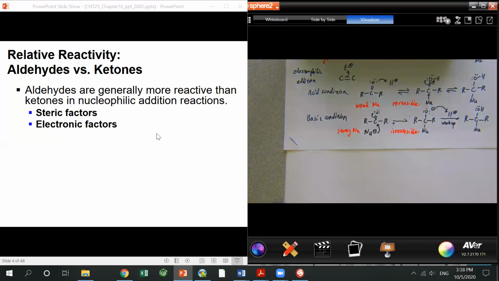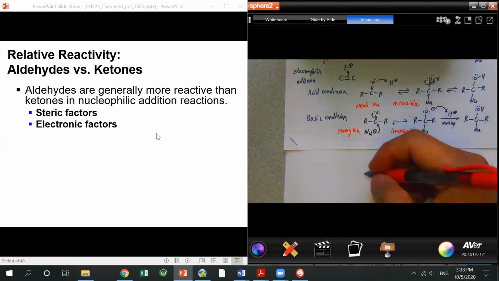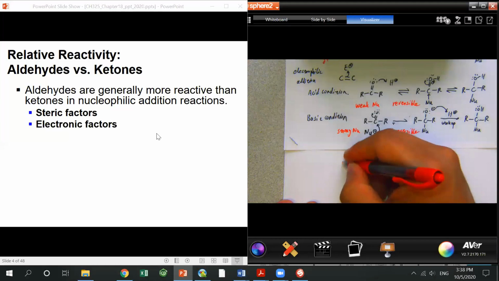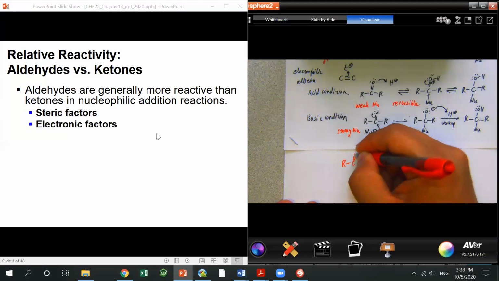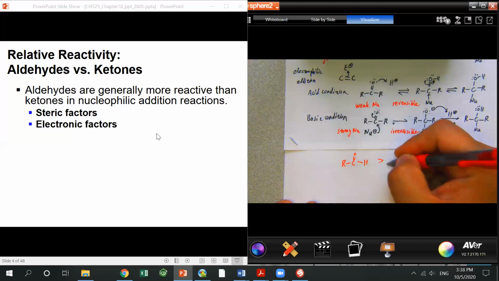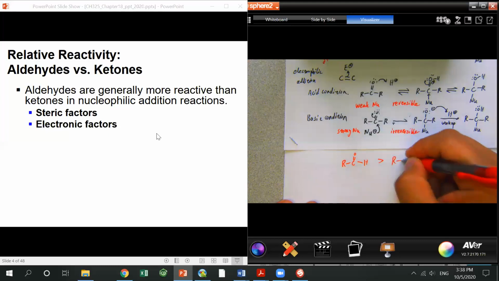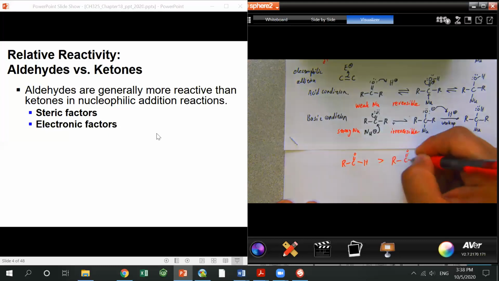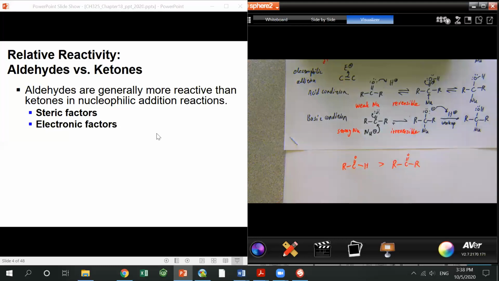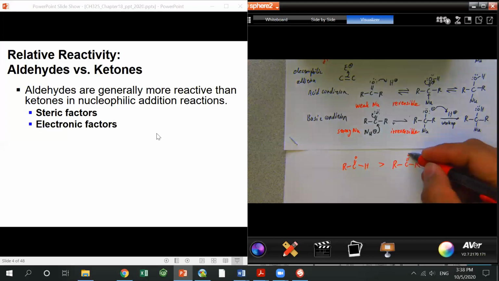Generally speaking, aldehydes have higher reactivity compared with ketones. Why is that? That's shown here.